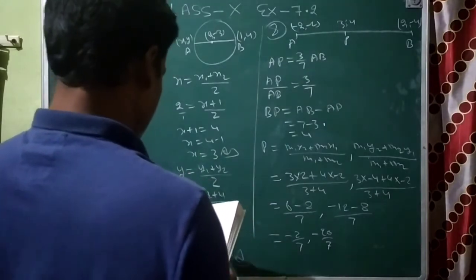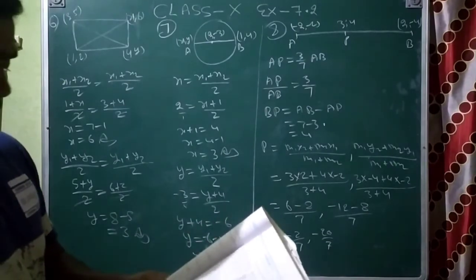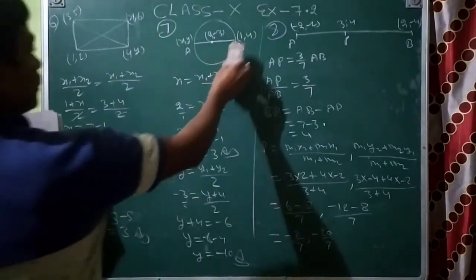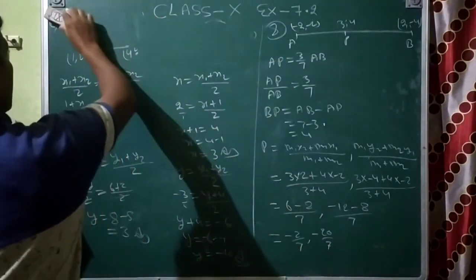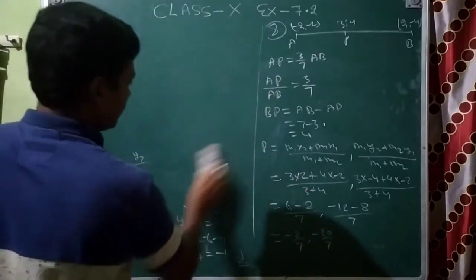Minus 2 upon 7, minus 20 upon 7. That is the answer. The ninth question is a very easy question, but just lengthy. So how will we do that?